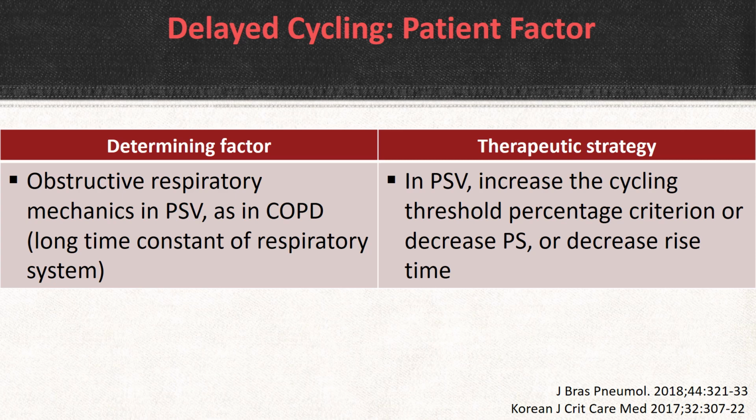There are some patient factors like obstructive respiratory mechanics in pressure support ventilation that can cause this delayed cycling. In that case, increasing the cycling threshold may help to prevent it. Also, reducing pressure support can help.